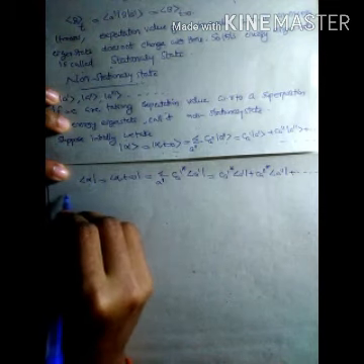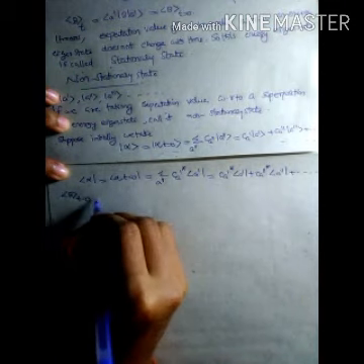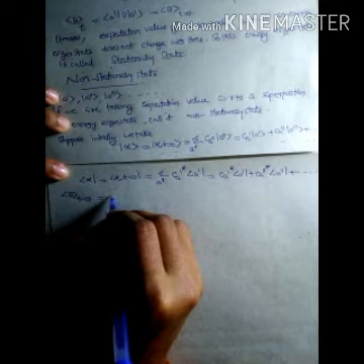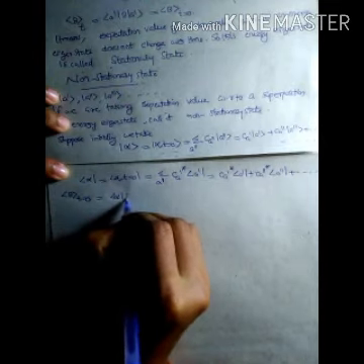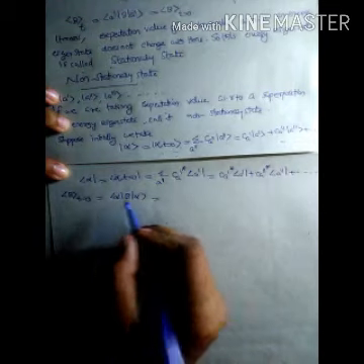Then we can see the expectation value of B at t equal to 0 is <alpha|B|alpha>, and we know the bra value of alpha is this.